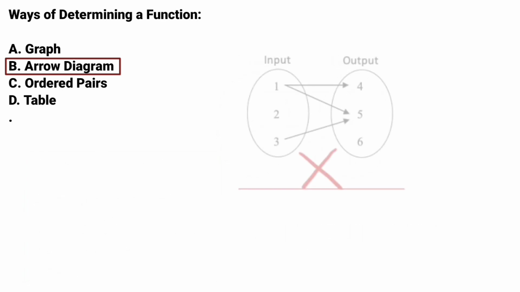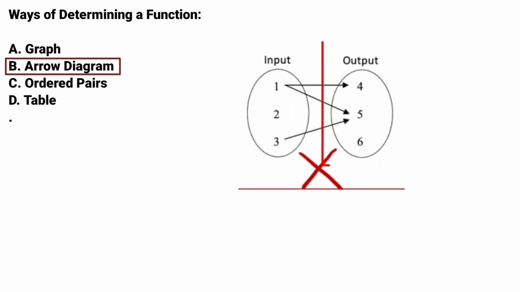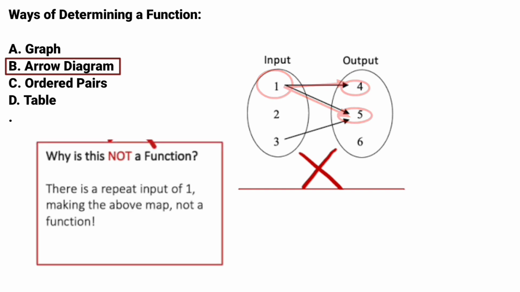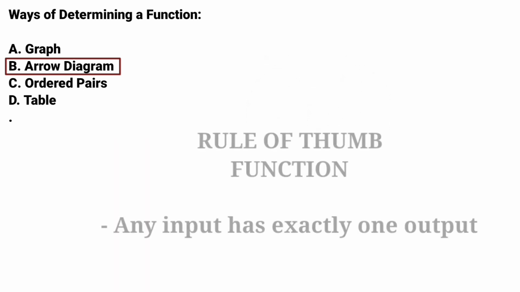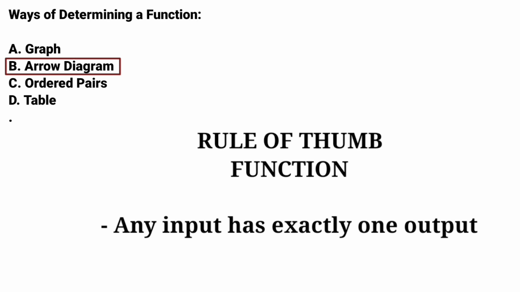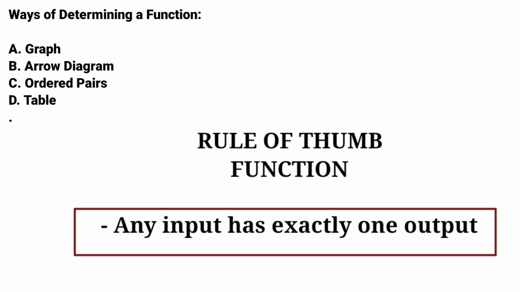Third example, this is our domain, this is our range. Mapapansin natin agad sa unang panangtingin na si 1 natin as our input, nakamapped siya sa dalawang output. In this case, this is not a function. There is a repeat input of 1. Muli nating tatandaan, any input has exactly one output.